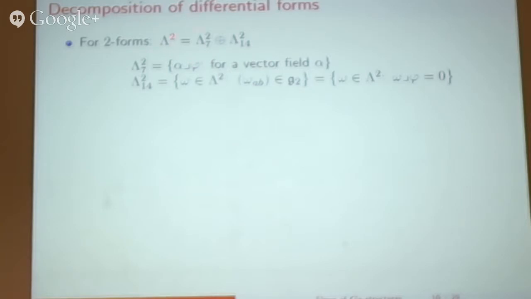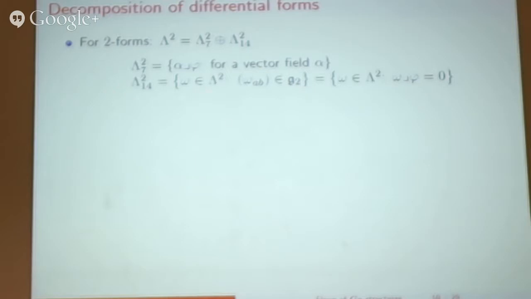2 forms can locally be thought of as the Lie algebra of SO7. The Lie algebra of SO7 splits into the Lie algebra of G2 plus the complement. Here we have the 14-dimensional piece, which comes from the adjoint representation of G2.